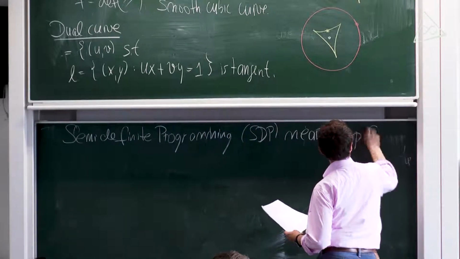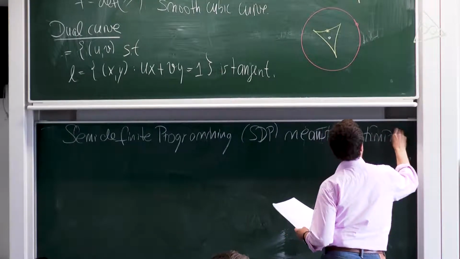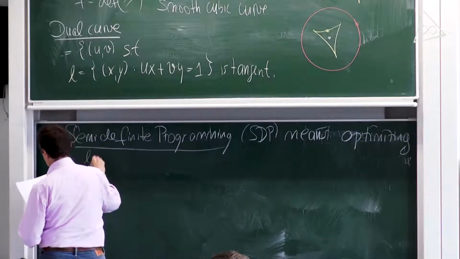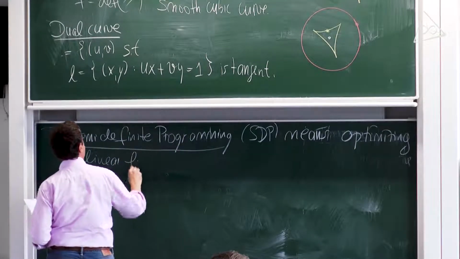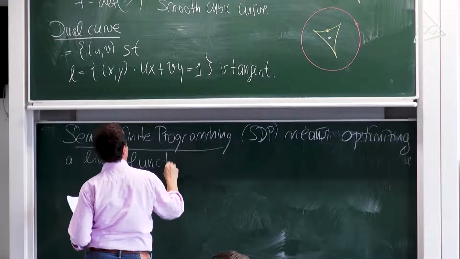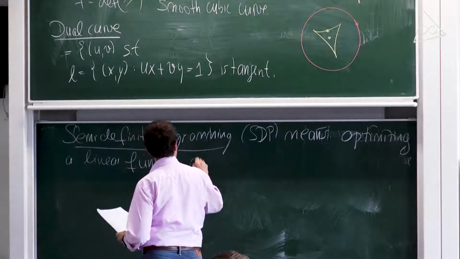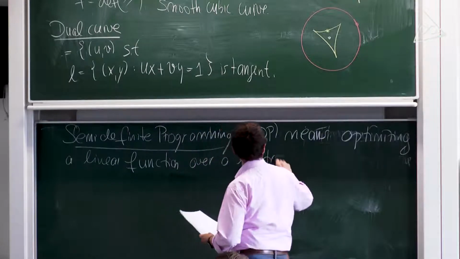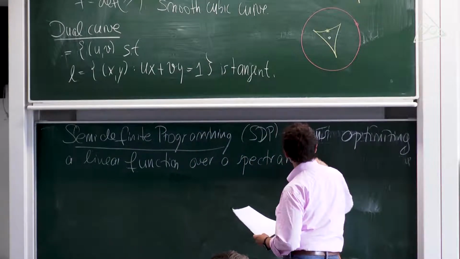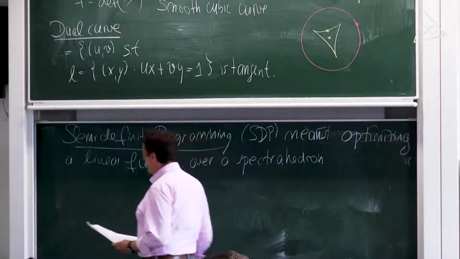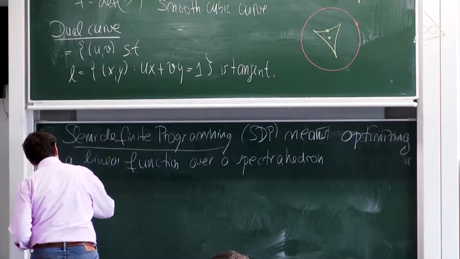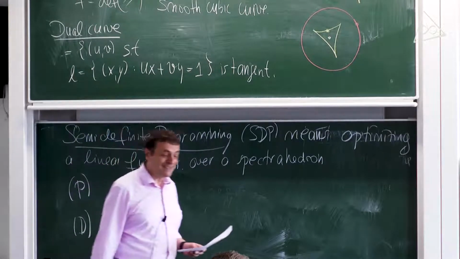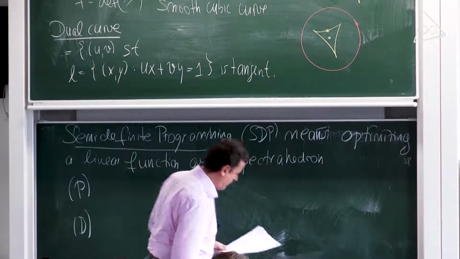Means optimizing a linear function over a spectrahedron. Now there are two versions. There's a primal problem and there's a dual problem. Just like in linear programming, there's a primal and there's a dual.